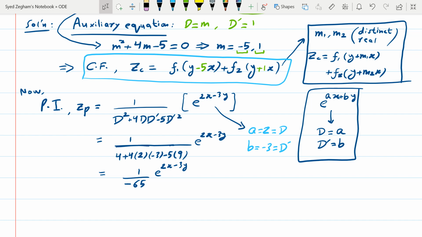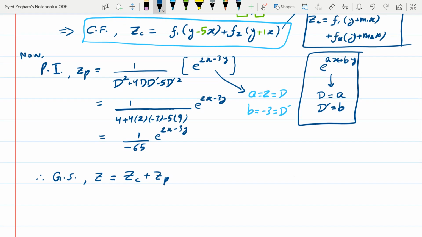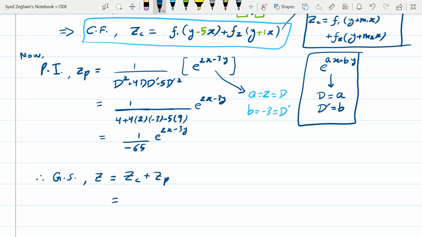What will be the solution now? Therefore, the general solution, you can also call it the complete solution, z, will be equal to zc plus zp. What is our zc?